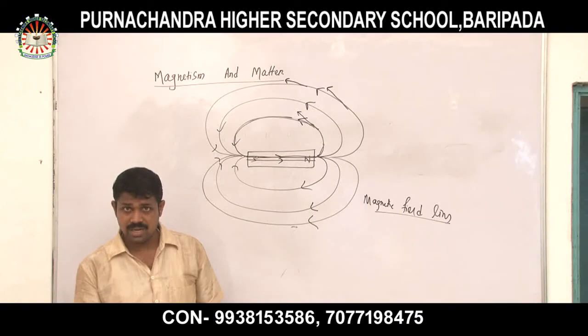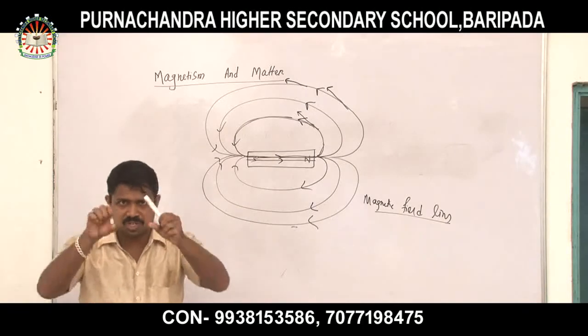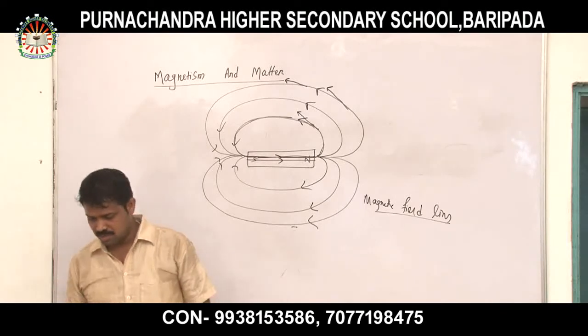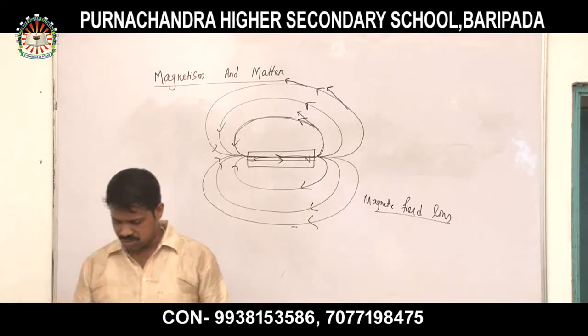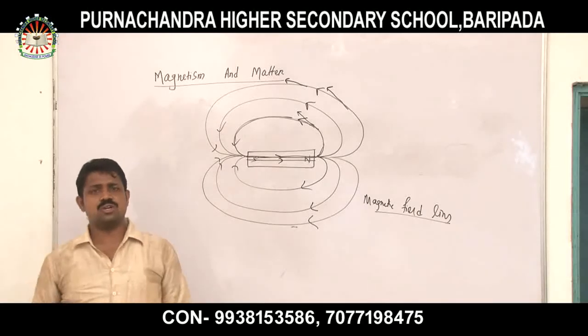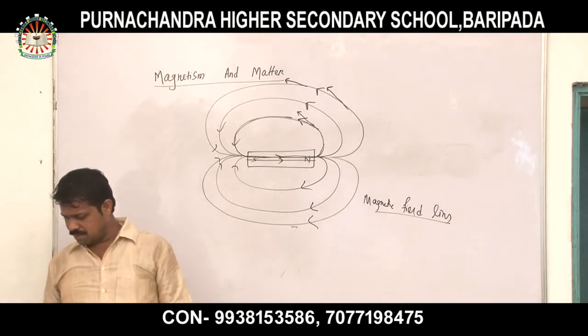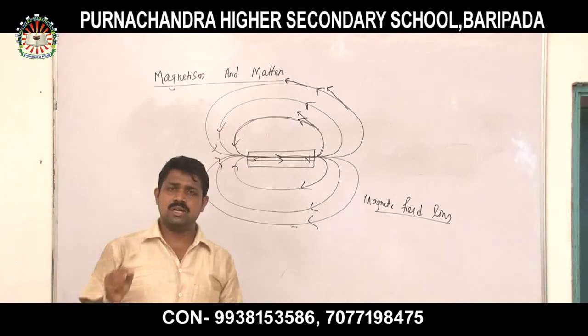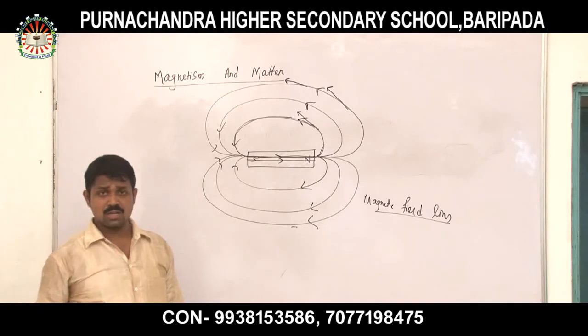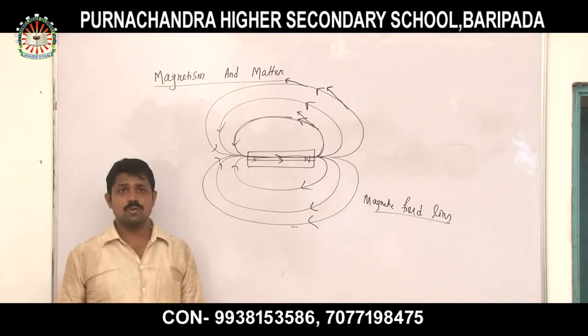Listen very carefully. Pole strength is the strength of the magnetic pole, so that it will attract the magnetic substance towards it, or attract magnetic materials towards it. That is called your pole strength. Understood? Clear all of you?